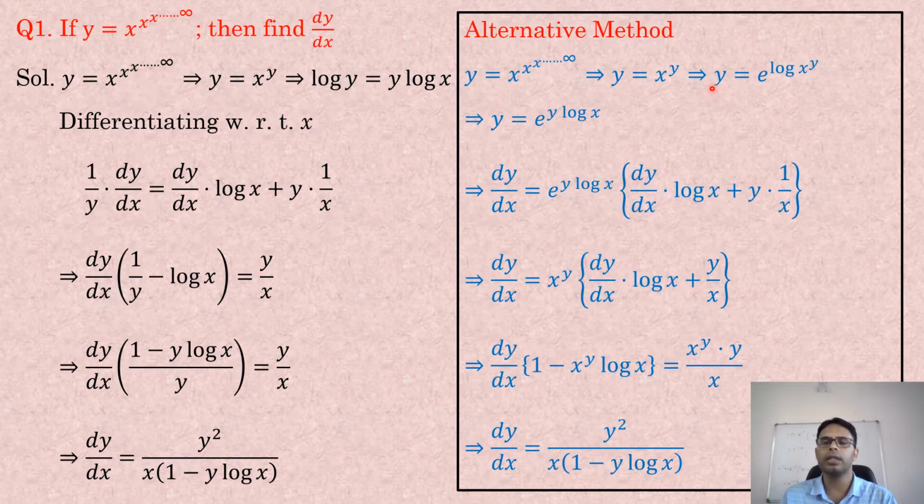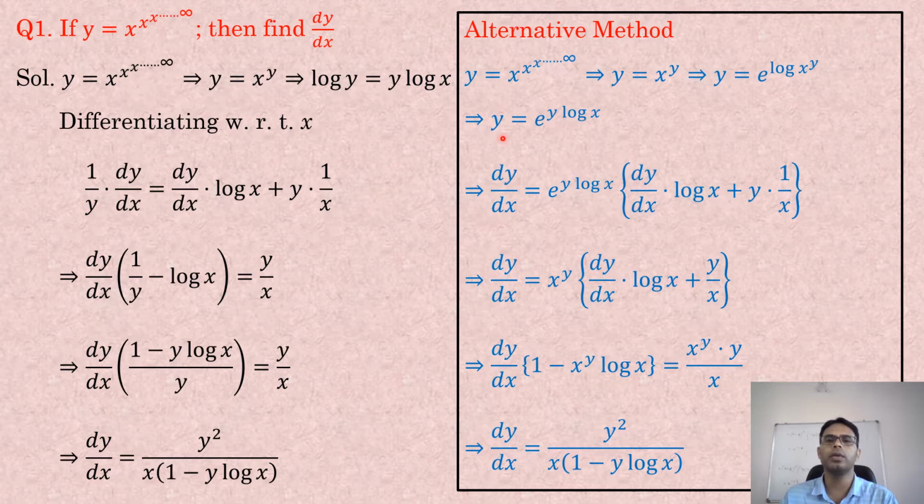Since here the variable is in both the base and power, we can write this term x to the power y as e to the power log of x power y. So e power log will cancel, that means the term remains only x power y. That is x power y can be written in this way also, because it is a property of logarithm. Then y is equal to, this power y will come in front of the log, that means e power y log of x.